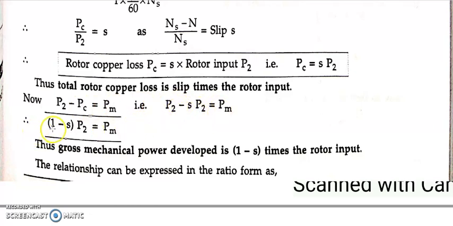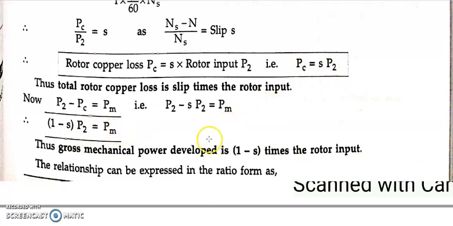After substituting, I can take P2 as common, so what I get in the bracket is 1 minus S times P2. So the gross mechanical power developed is 1 minus S times the rotor input. PM is equal to 1 minus S times the rotor input. So we found the relation between PC and P2, as well as P2 and PM.